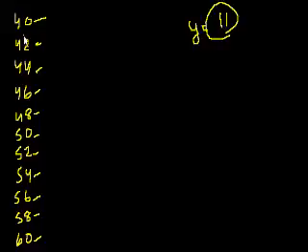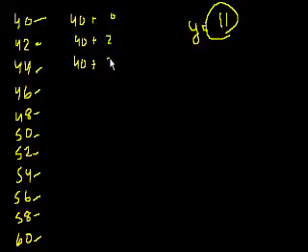And we need to take the sum of all of these, right? There's a couple of ways we could think about it. You could view this as 40 plus 0, 40 plus 2, 40 plus 4, and so forth, all the way to 40 plus 8.